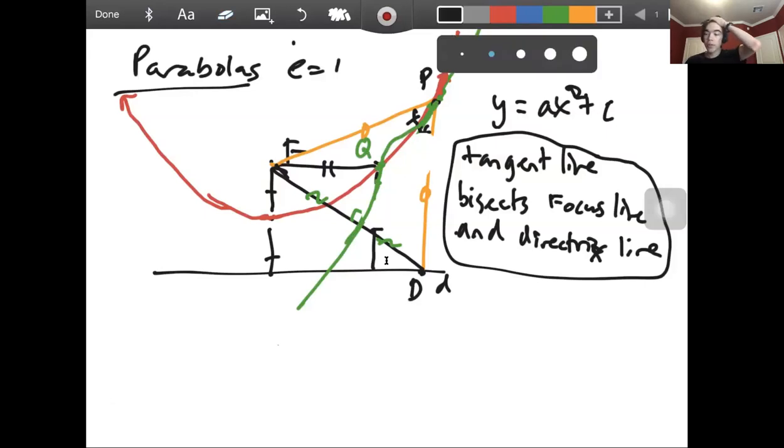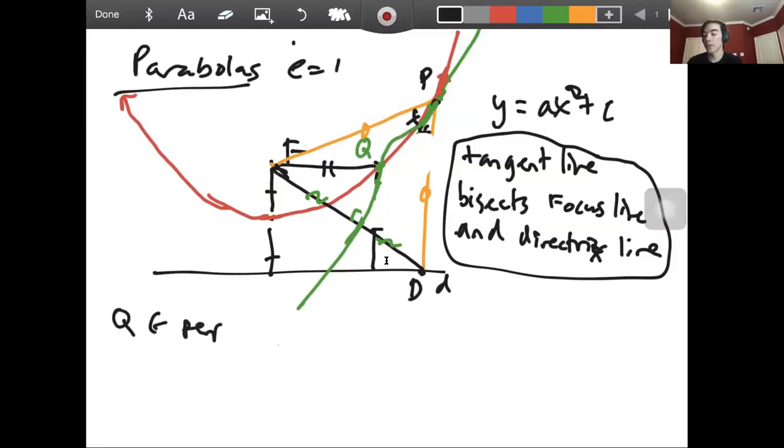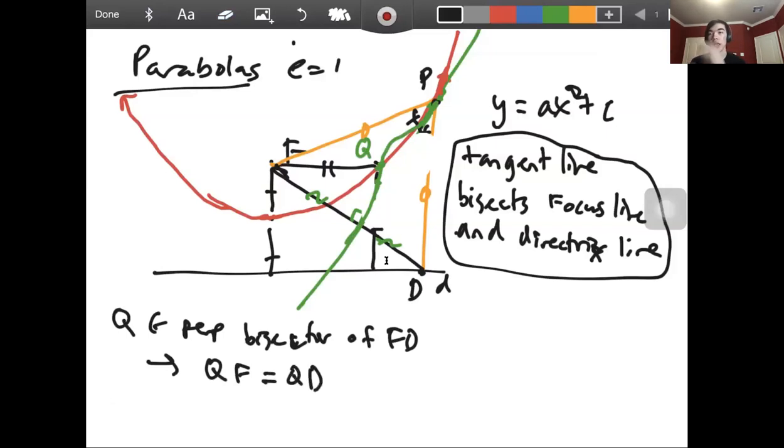So Q is on the perpendicular bisector of FD. And that tells us that QF is equal to QD, since all points on the perpendicular bisector are equidistant from those two points. So this blue line and this blue line are the same. But we also know from the definition of the parabola that Q to the focus must equal Q to the directrix.